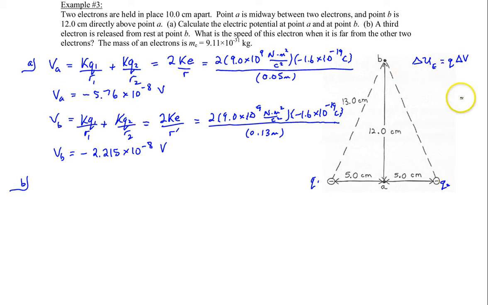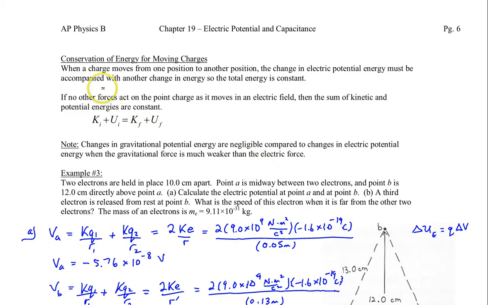If you look at the top of the page, you'll see this statement of conservation of energy. The kinetic energy initially is 0, since it's at rest, plus the electric potential energy, QV, is equal to K final, which is 1/2 mv squared, plus Q times V final. Now, the final potential is going to be KQ over R, but if R is infinity, then the final potential will be 0.